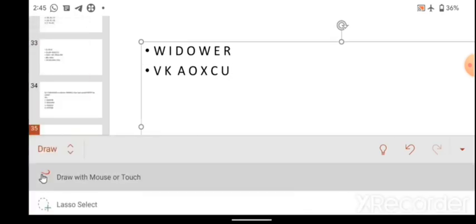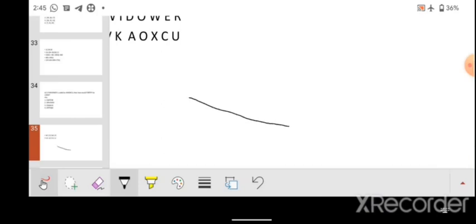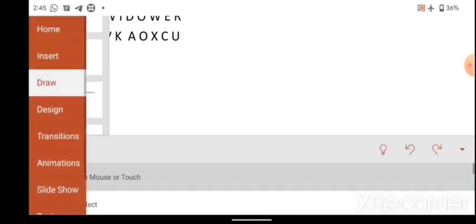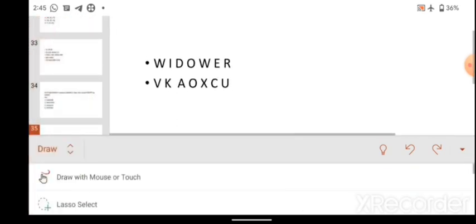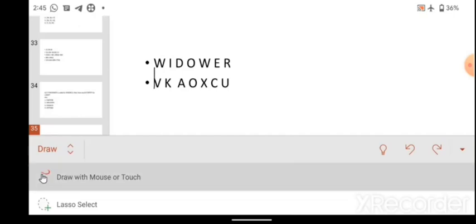So from W to V, it's UVW. From I it's J and K. From A, B, C, D. From O is O, so it doesn't change. W, X, C, D, E and R, S, T, U.